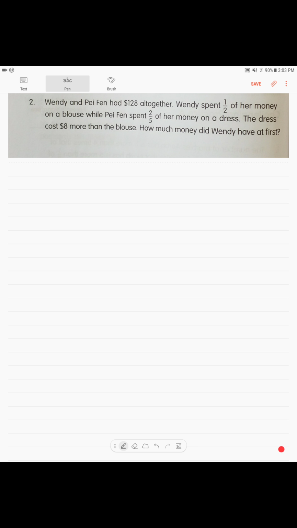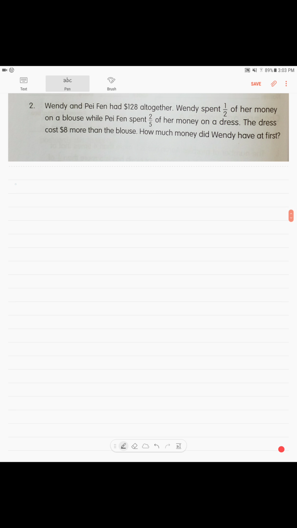Okay, problem number 2. Again, pause your video and read the problem. Once you process it, you can continue with the solution. Again, everything is about drawing the right model. We have two girls, Pei Fen and Wendy.